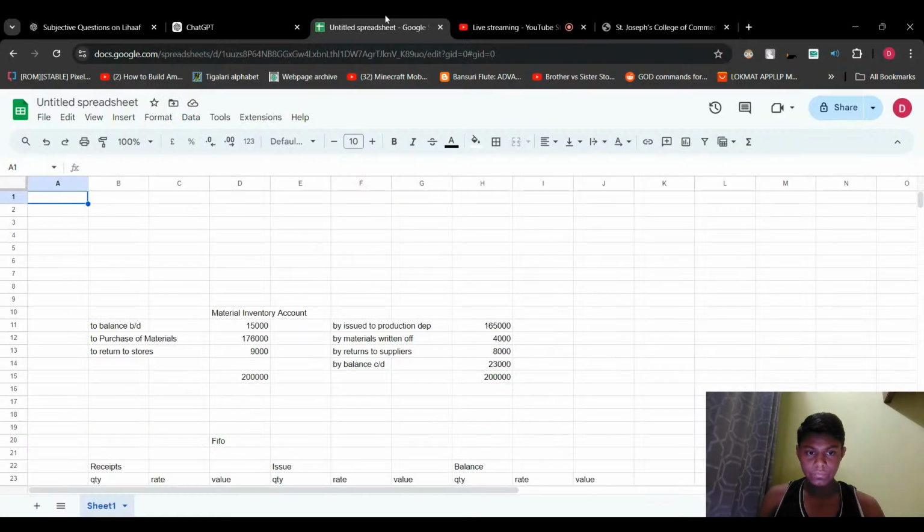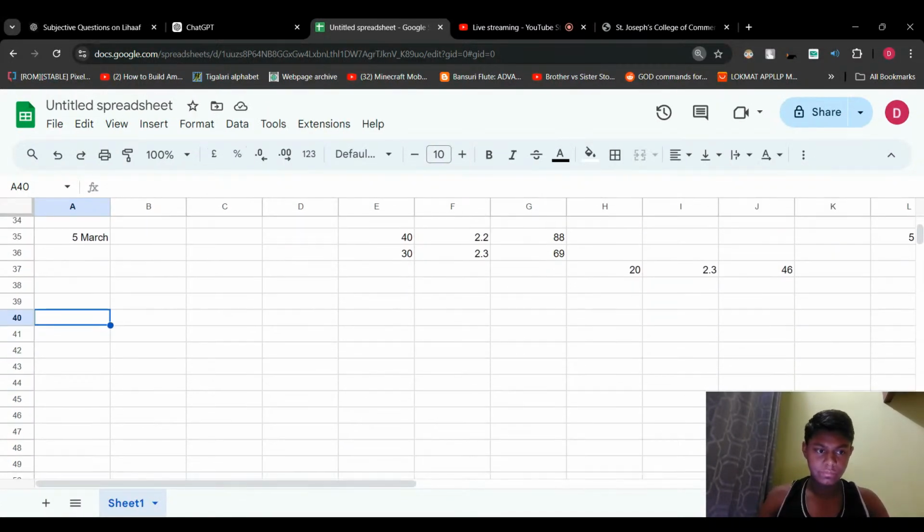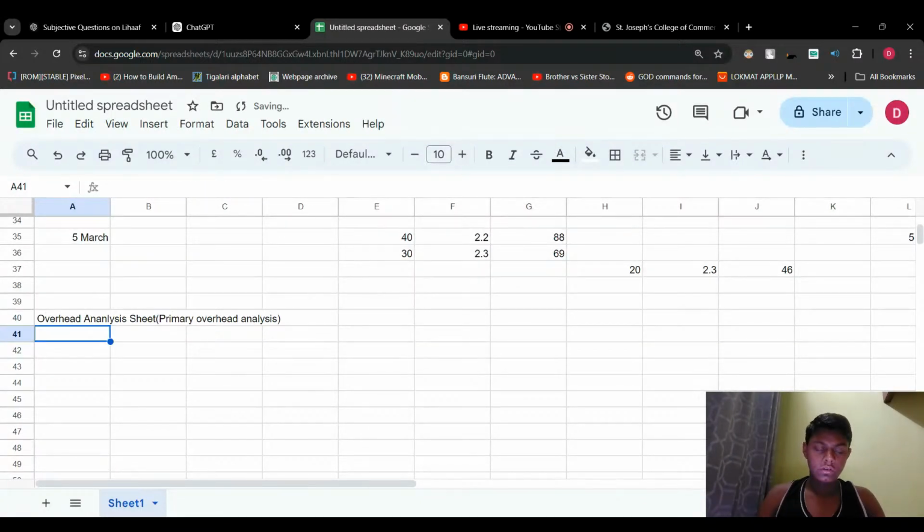For the following, you have to make a table: the overhead analysis sheet, or primary overhead analysis. That would be the heading.